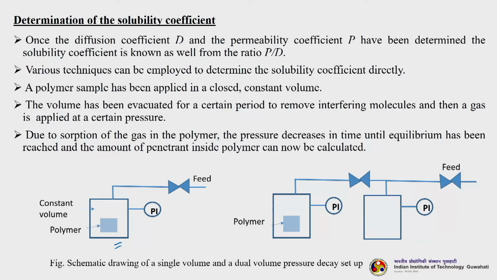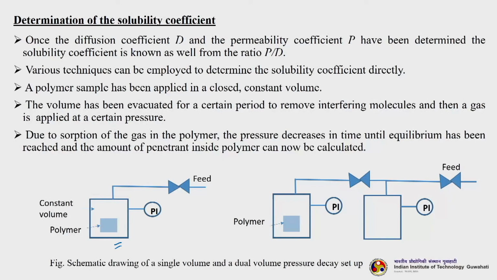So, what is happening initially is that there is this reactor, a chamber in which the polymer sample is kept, and then it is evacuated. Once that is done, we pass a particular gas, and this gas will start to dissolve in or adsorb on the surface of the polymer sample.